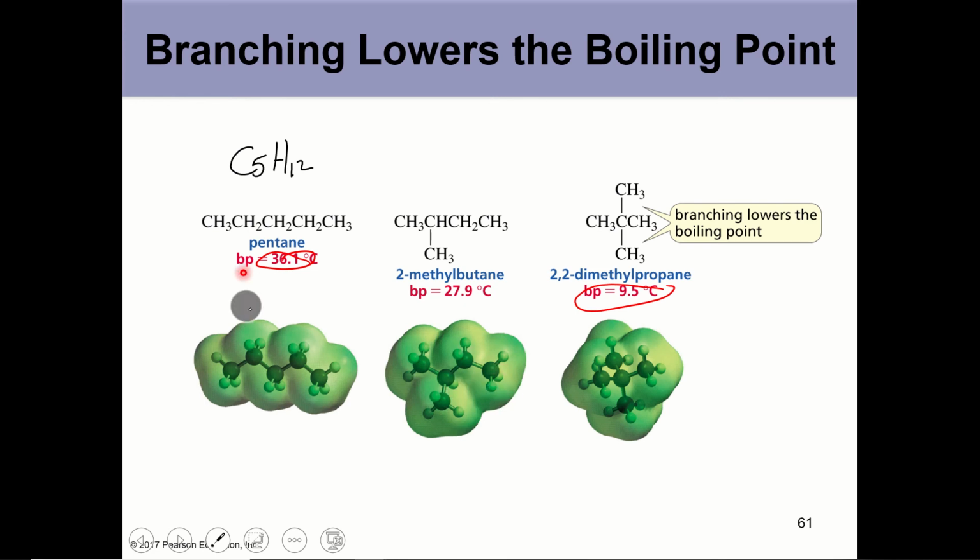And you can look at the physical data. Pentane, the straight chain, has a boiling point of 36.1. Having one methyl branch at carbon 2 decreases the boiling point to 27.9, and having two methyl branches decreases the boiling point to 9.5 degrees Celsius.